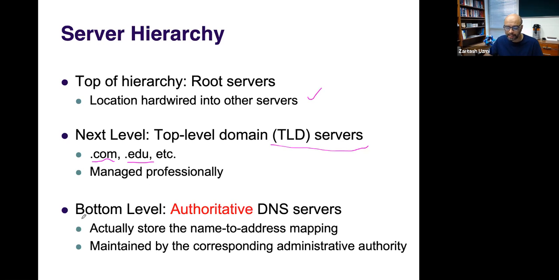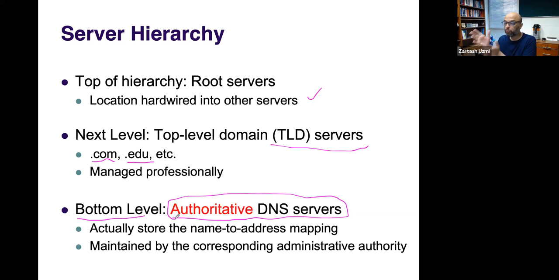Okay, at the bottom level of the hierarchy, what we have is called the authoritative DNS server. Authoritative means that it has the authority for managing the site. So for example, for venus.lums.edu.pk, the authoritative DNS server will be a DNS server hosted within LUMS.